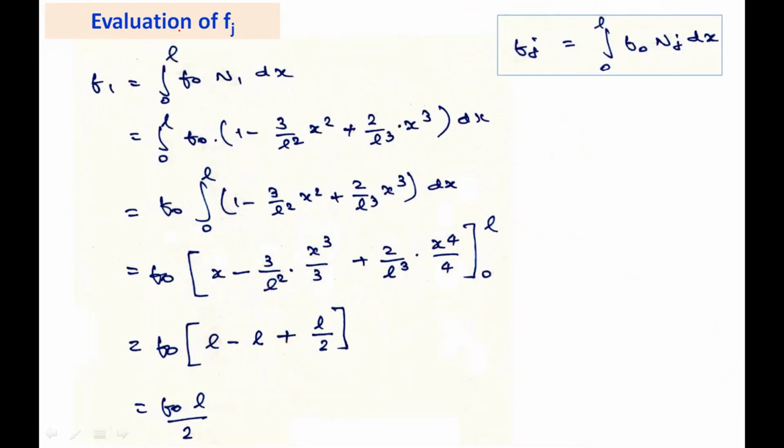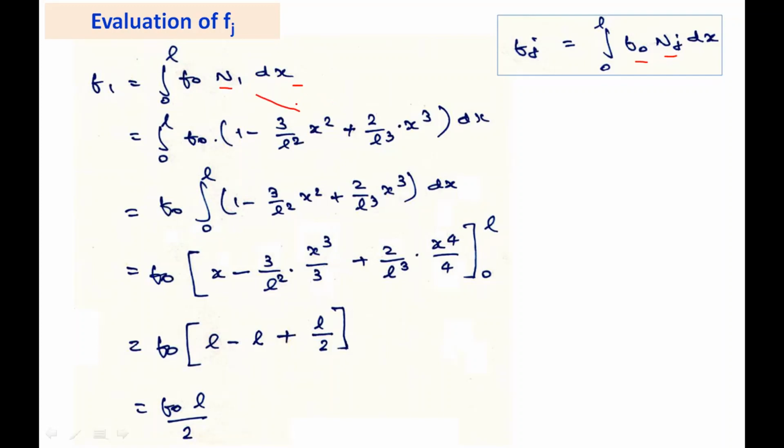Coming to the right hand side, evaluation of load or force matrix. So in general it is given as integral 0 to L f naught Nj dx, right? So instead of v of x we are using the shape function as the weight function. We will take first F1 alone. F1 is integral 0 to L f naught N1 dx.